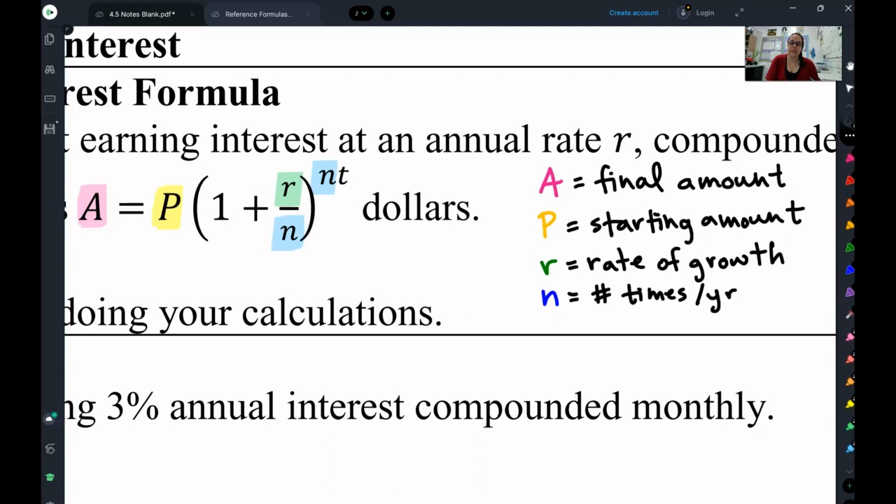If it's compounded daily, then N is 365 because there's 365 days in a year. And then the last variable we have in here is T, which of course, as always, stands for the time that has passed. So that is the part that's up to you, is knowing what each of these letters mean so you know where to plug things in.